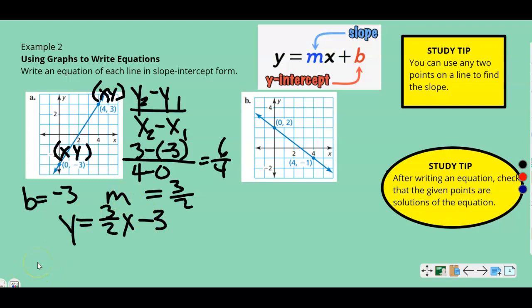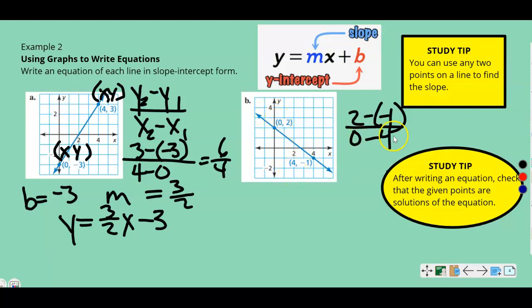All right, B part is going to be very similar. First, we need to find the slope. So we're going to do y minus y over x minus x. It doesn't matter which y you start with. I started with the 2, and then I subtracted minus 1. But whichever y you start with, you have to do the same order for your x's.